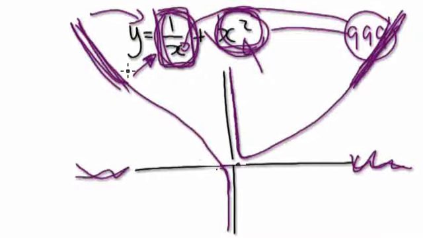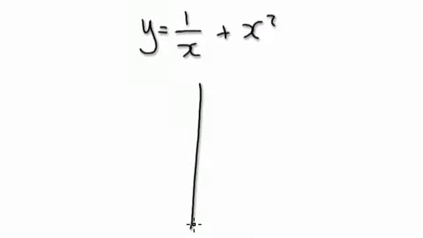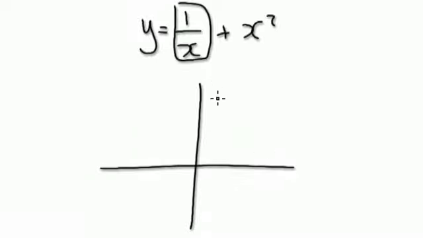Let's start again. So y equals 1 over x plus x squared. Now to draw this graph, do this. When x is small, it wants to follow this. So let's quickly sketch this in. Oh, it doesn't go up, it goes down. It's supposed to go down.